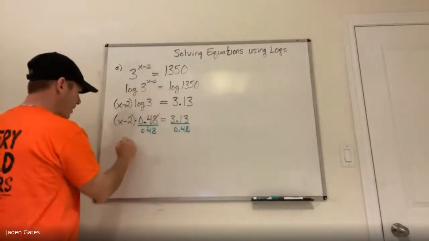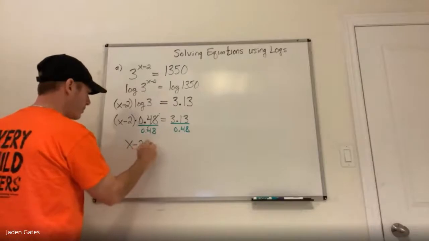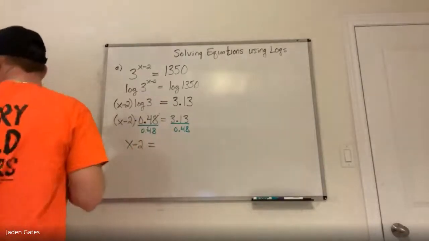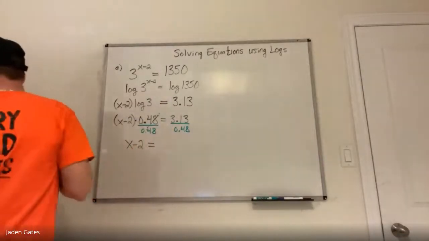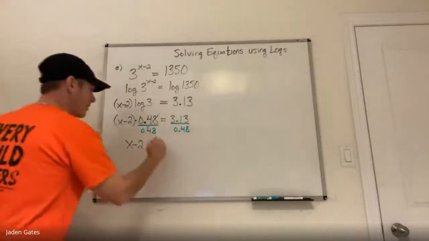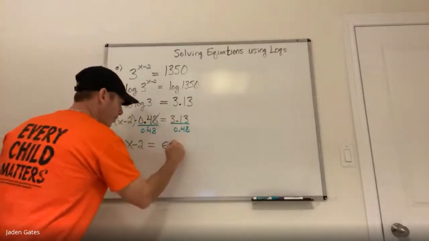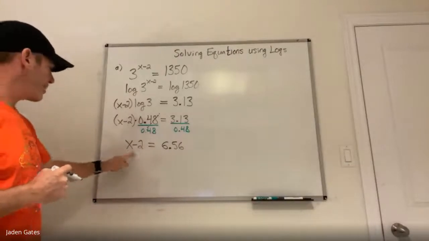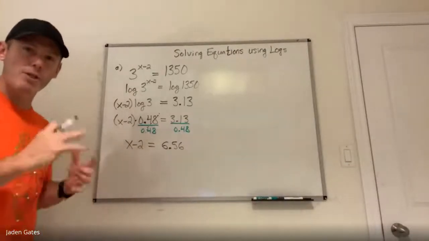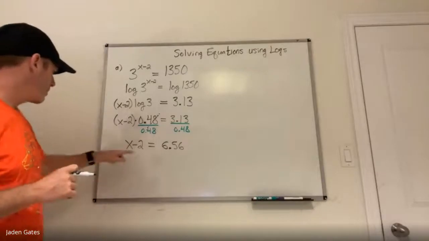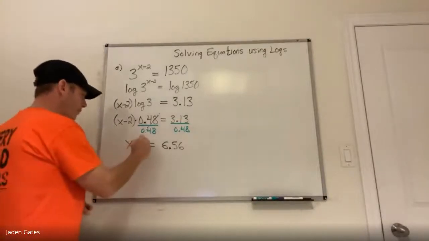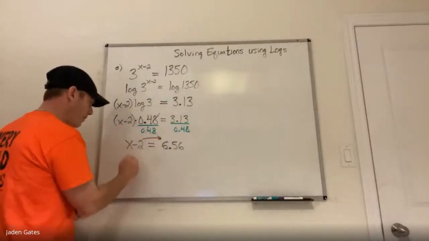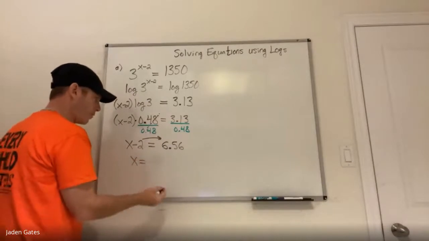Now over on this side, I have x minus 2 equals, I take my 3.13, I divide it by 0.48, and I get 6.56. And then the final step, because the exponent's a little more involved, we've got a couple extra steps. I'm going to move the minus 2 over to the other side, and so of course it becomes a plus 2.